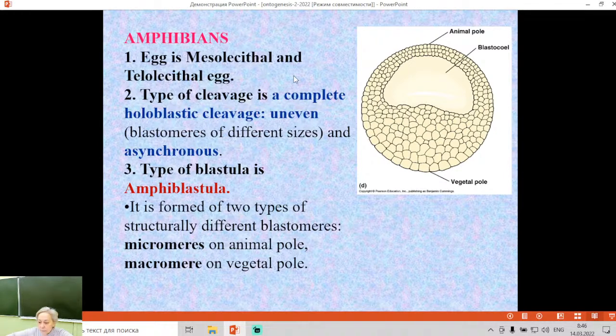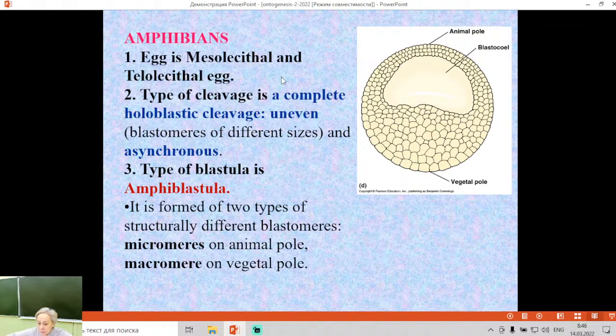Amphibians. The egg of amphibians is mesolecithal and telolecithal. The pole where yolk is located is called the vegetal pole. The pole without yolk is called the animal pole.